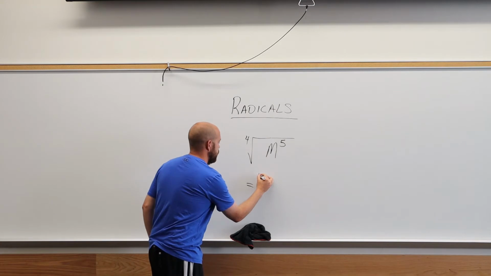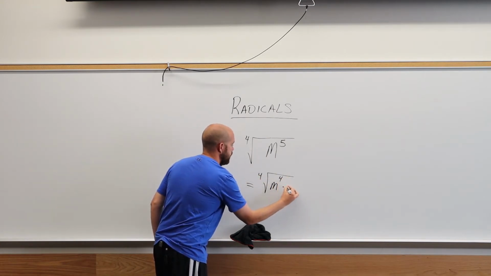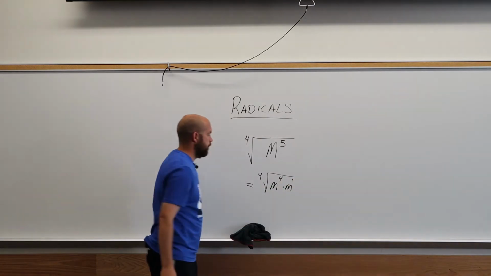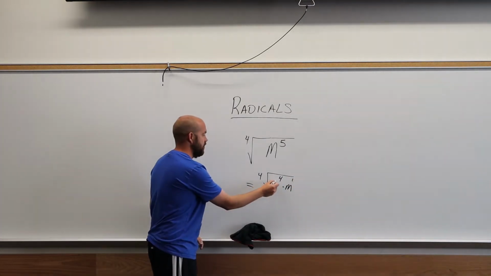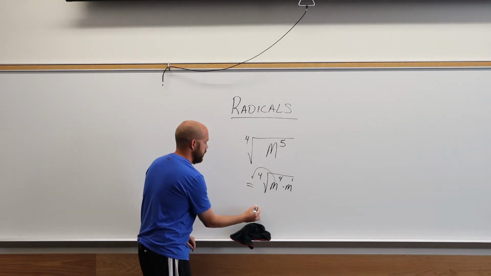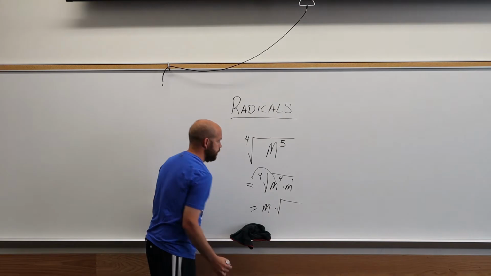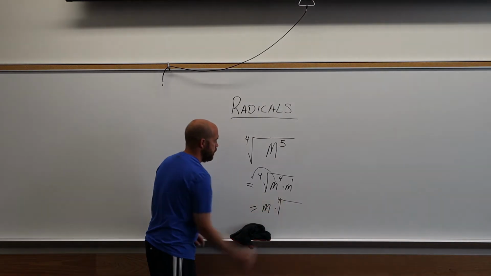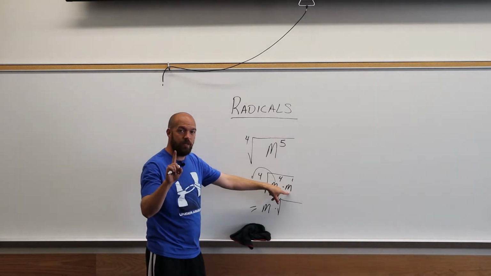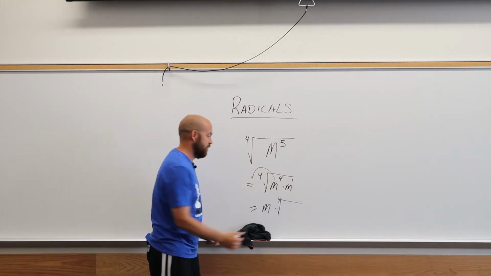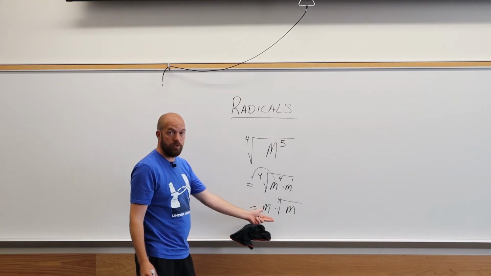So if I was to technically write this out, this would be m to the 4th power times m to the 1 power, which means that this guy can get out of jail because he has exactly how many tokens it would take. So I have an m on the outside. But there's still an m on the inside that has 1 token. He doesn't have enough. He has to stay inside. So it would look something like this.